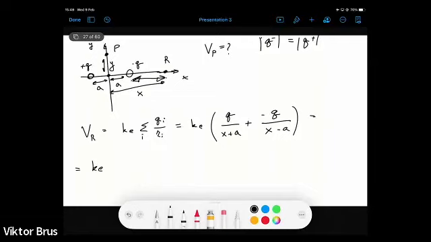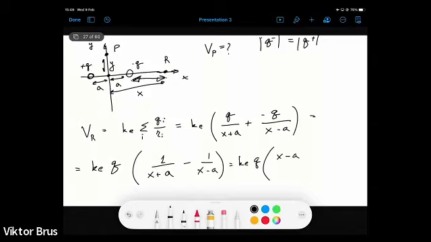So k_e times Q, and here will be 1 over x plus a minus 1 over x minus a. If we set a common denominator, we get the following: k_e times Q, here is x minus a minus x plus a, and here will be x plus a times x minus a.